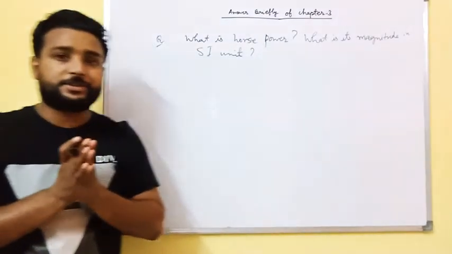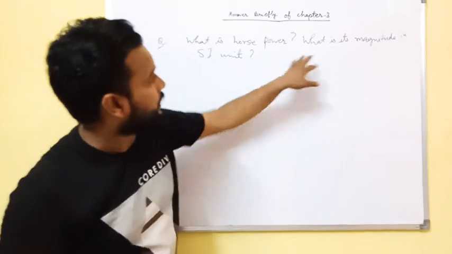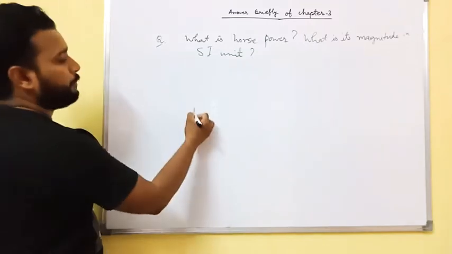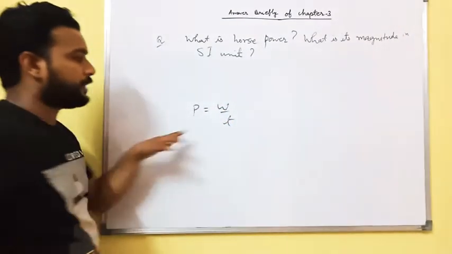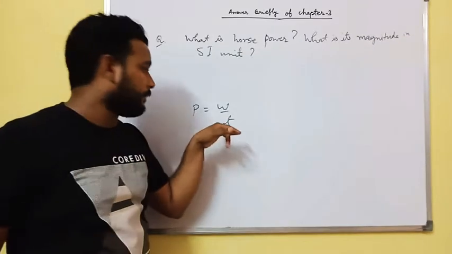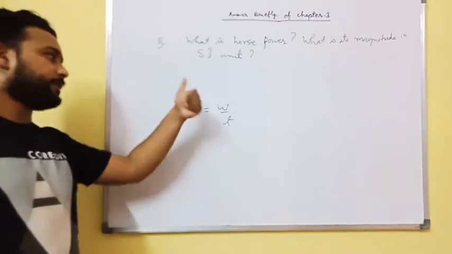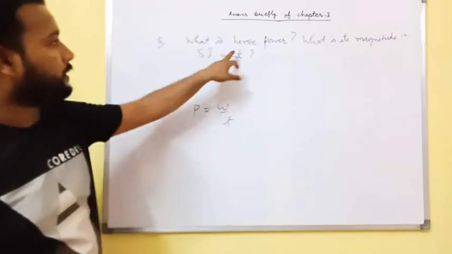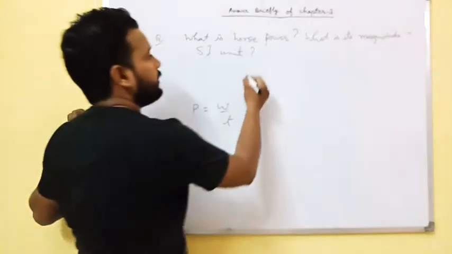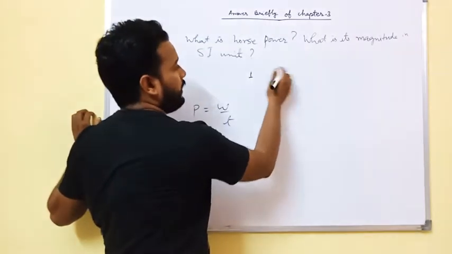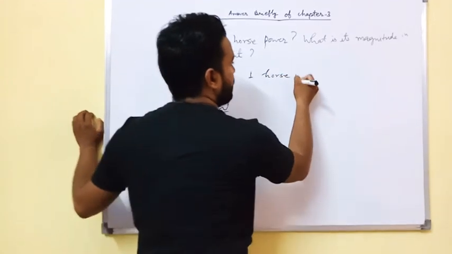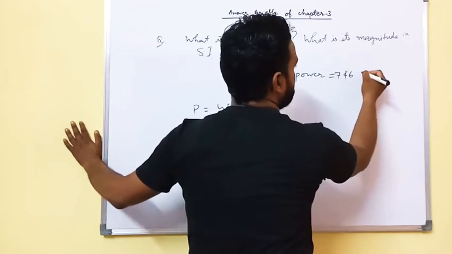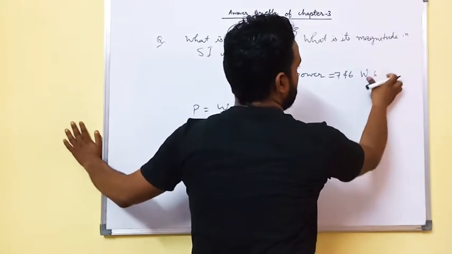The unit of power in the SI system will be joule per second, because we have P equals W by T. The unit of work is joule, the unit of time is second. So joule per second is the unit of power, but joule per second is also known as watt, and this is horsepower. 1 horsepower equals 746 watt.